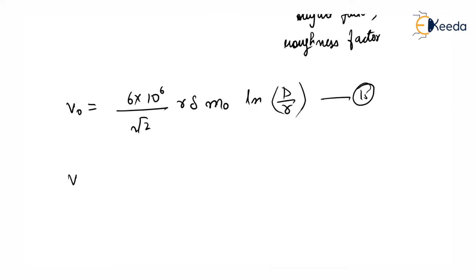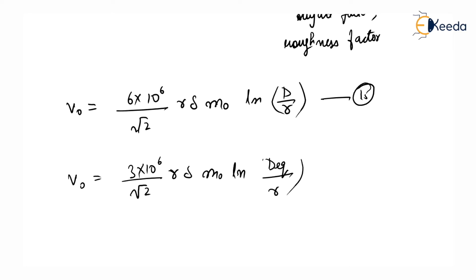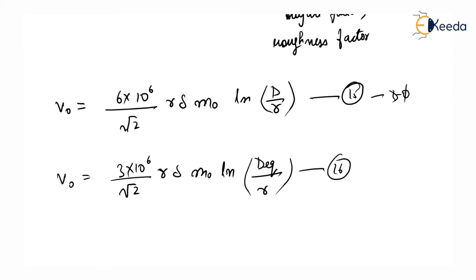And for three phase, V naught equals 3 into 10 to the power 6 by root 2 R delta m naught log D equivalent by R. This is equation number 16.